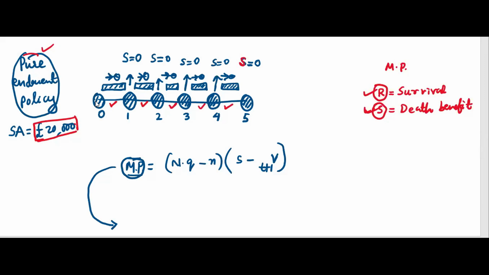It doesn't matter. S is always 0. However, the special case is this year. If the person survives the last year, there is a survival benefit of 20,000. Even R is 0 here during the earlier years because the survival benefit will be paid only at the end. That's why.